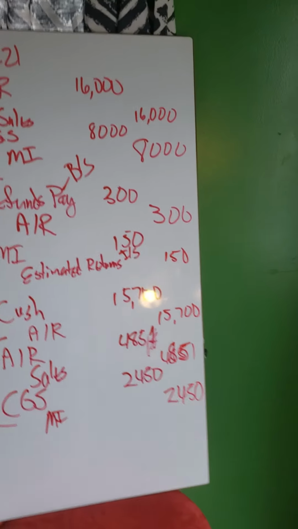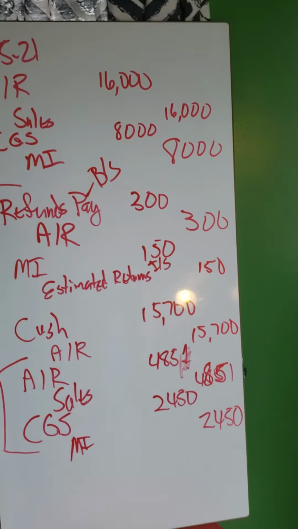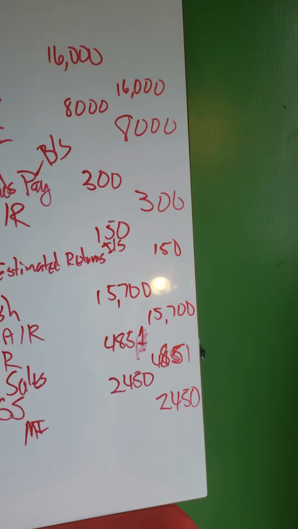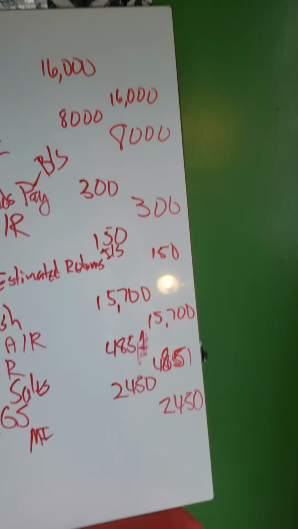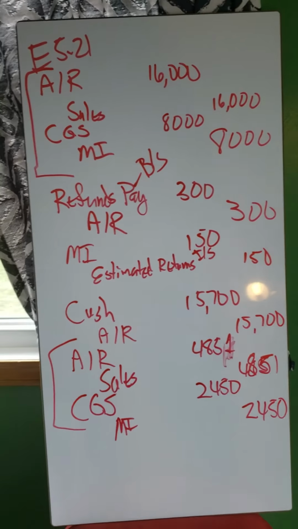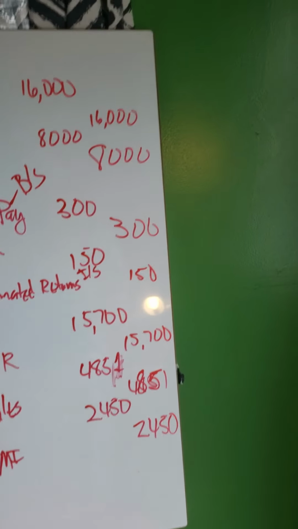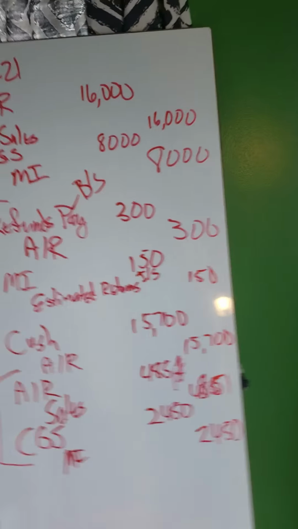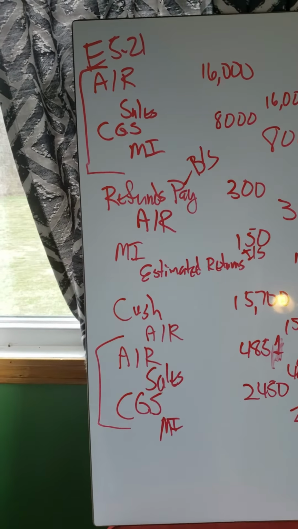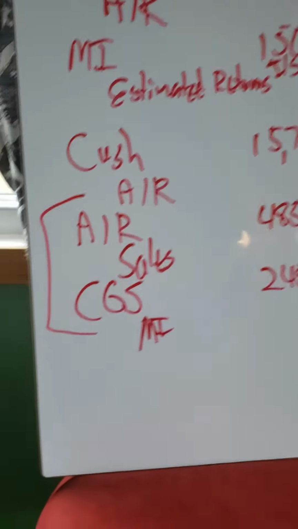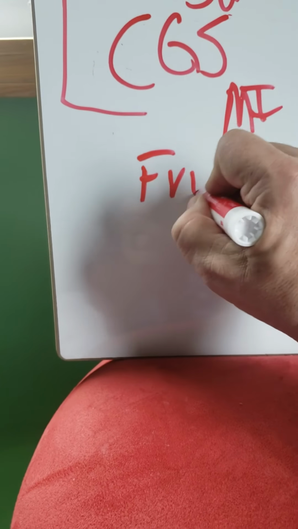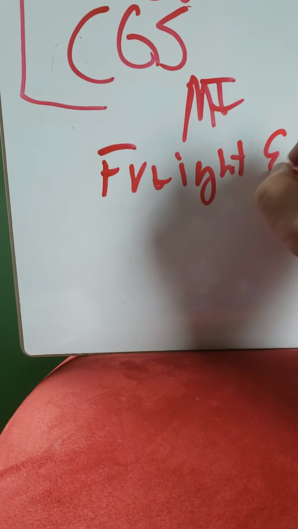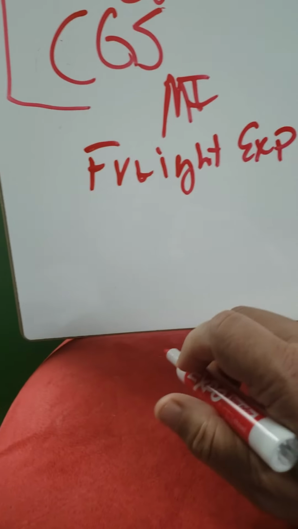Remember when we talked last in 5-22, we talked about how freight in went to my merchandise inventory account, but freight out goes in its own separate account because it's a selling expense and not an inventory expense. So this next one we're going to call freight expense for $70 and cash for $70.